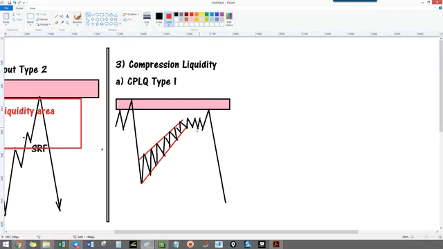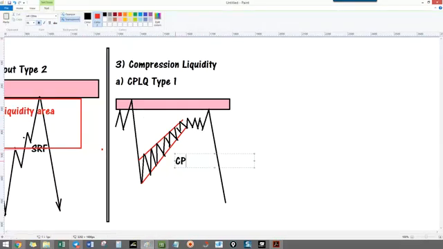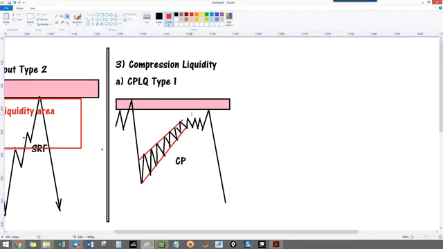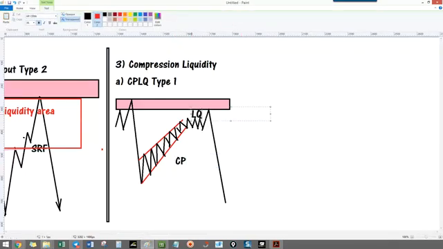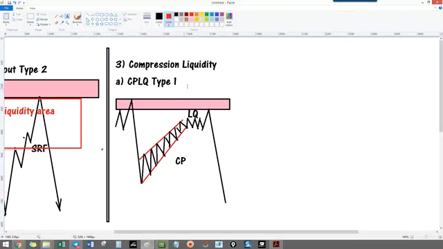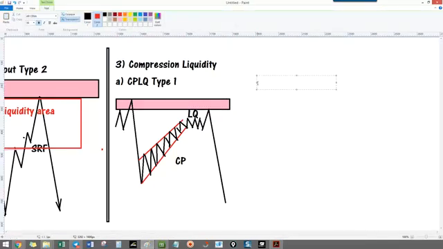This is LQ, this is CP. Over here is LQ. The liquidity area is LQ. So CPLQ type 2.